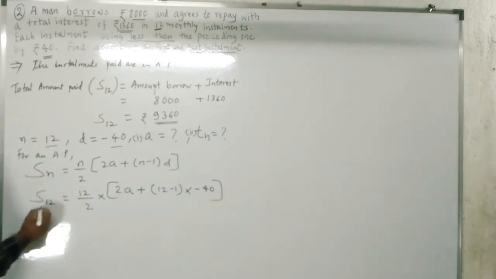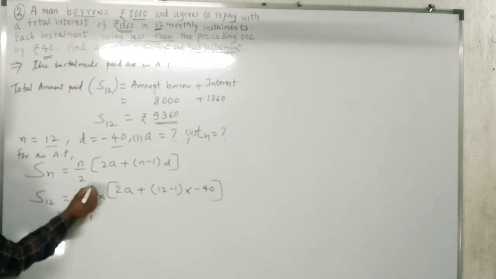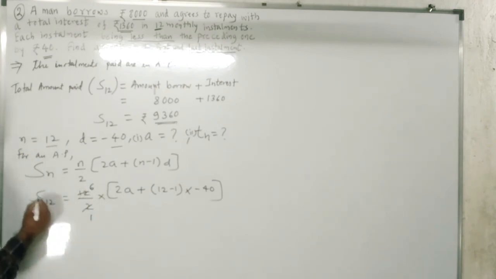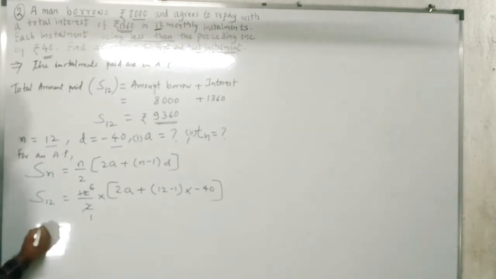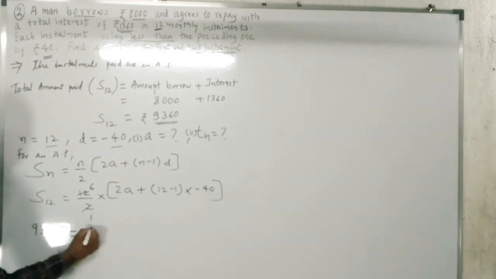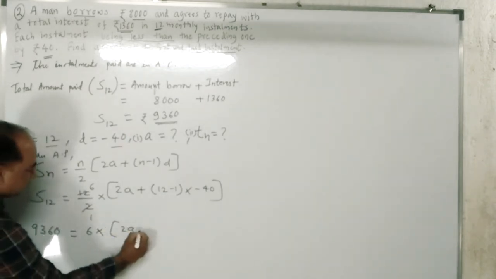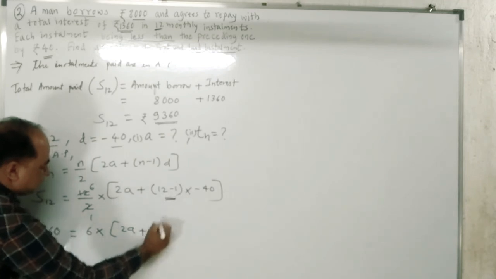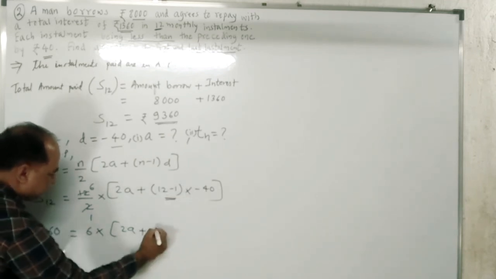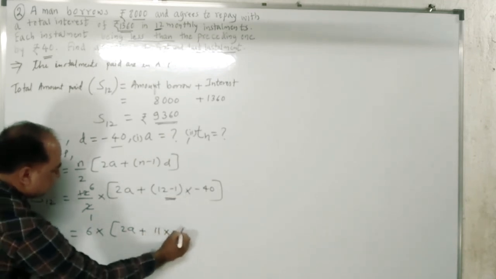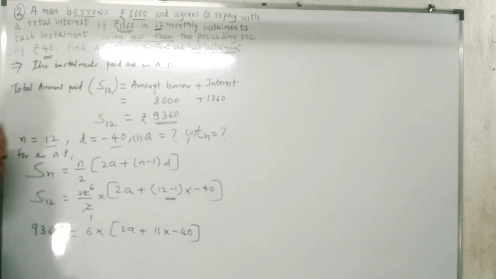Now simplify here, 2 sixes are 12. So S12, the value of S12, is 9360, is equal to 6 into 2a plus 12 minus 1 is 11 into minus 40.